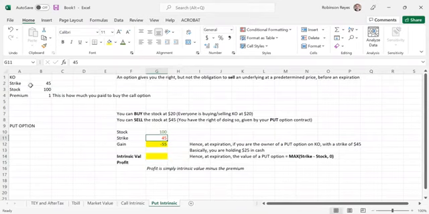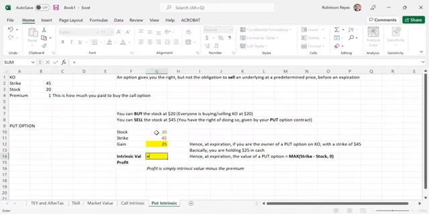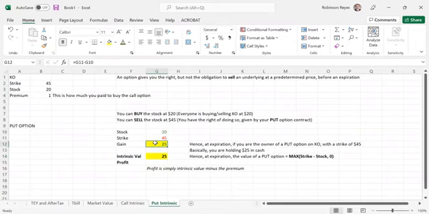Now let's go back to a stock price of 20. If we use this formula, max of strike price minus stock price or zero, then we reach the same number as we had from our intuition.